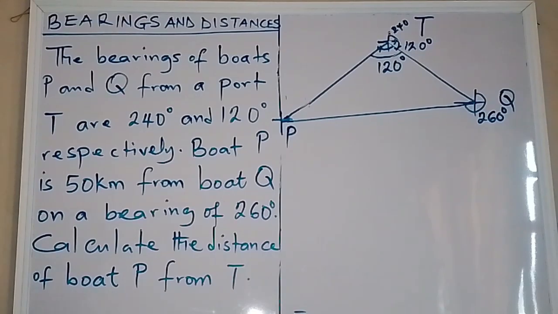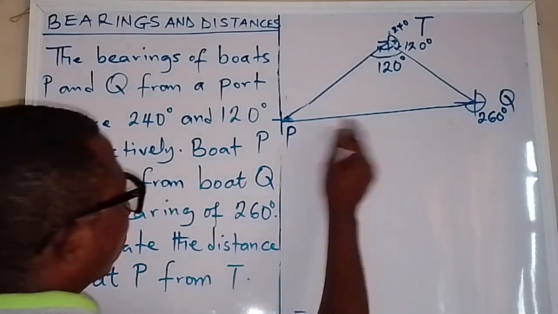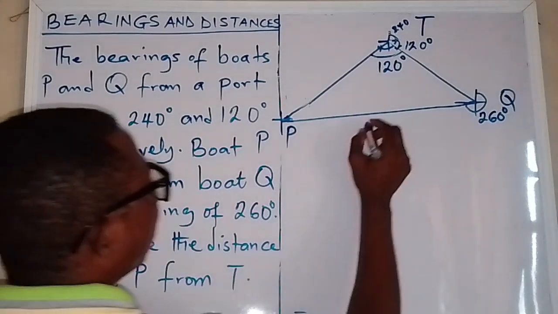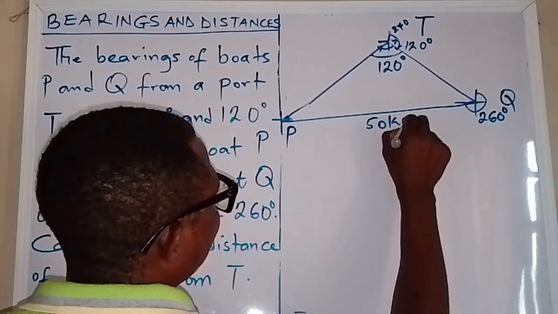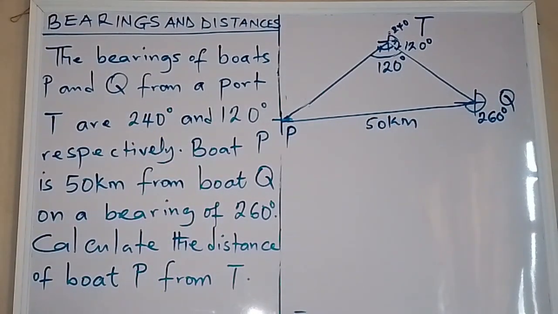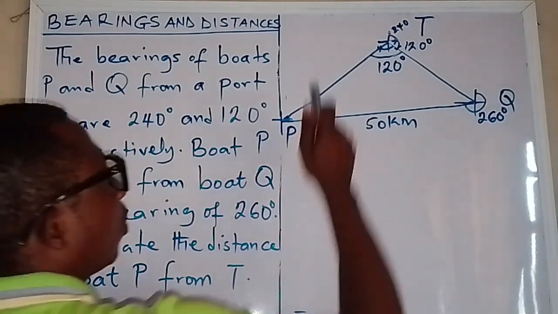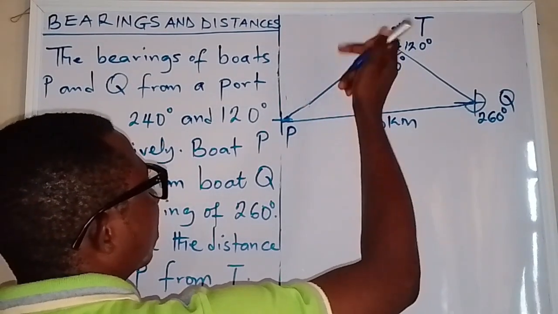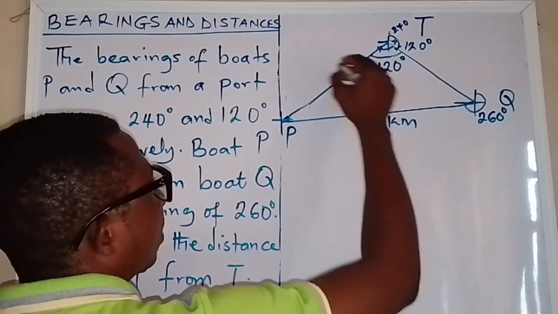Okay, so now what the question wants us to get, since the distance is 50 kilometers, is the distance of port P from T. So we need to get this distance, that is small q.